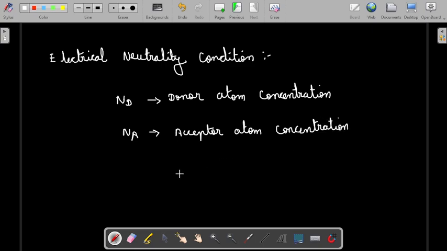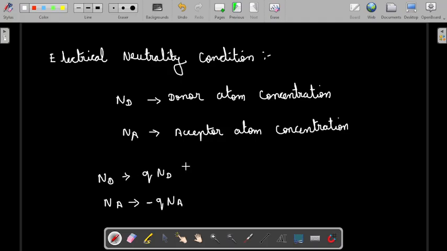There is a charge neutrality condition that needs to exist in every real world scenario. So let's see how the charge neutrality is applied. Nd can be written in terms of Q into Nd, in order to make the charge neutralized. Na, the acceptor atom, we can refer to as minus Q times Na.